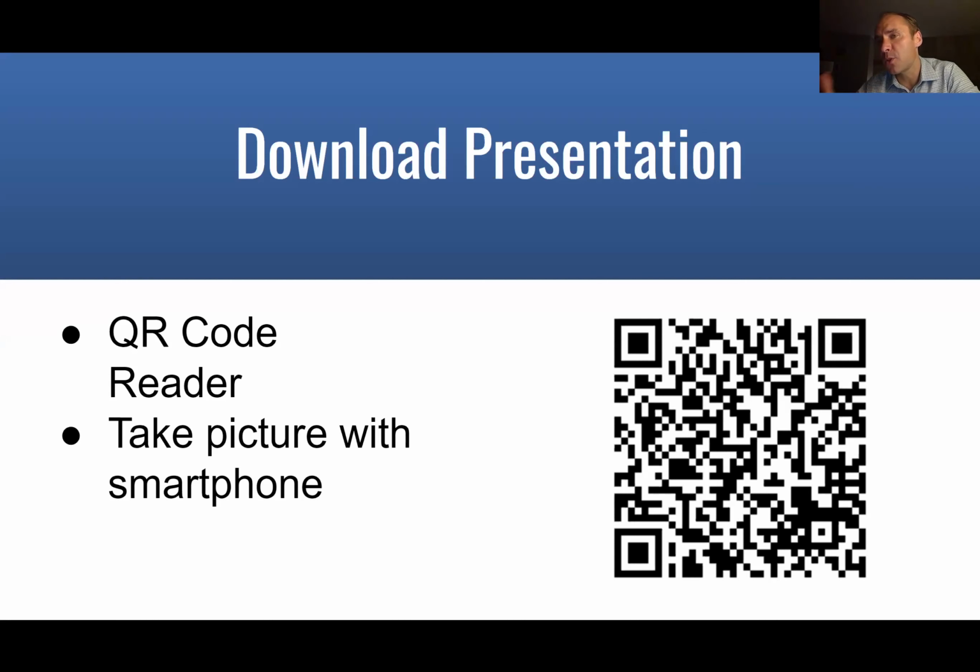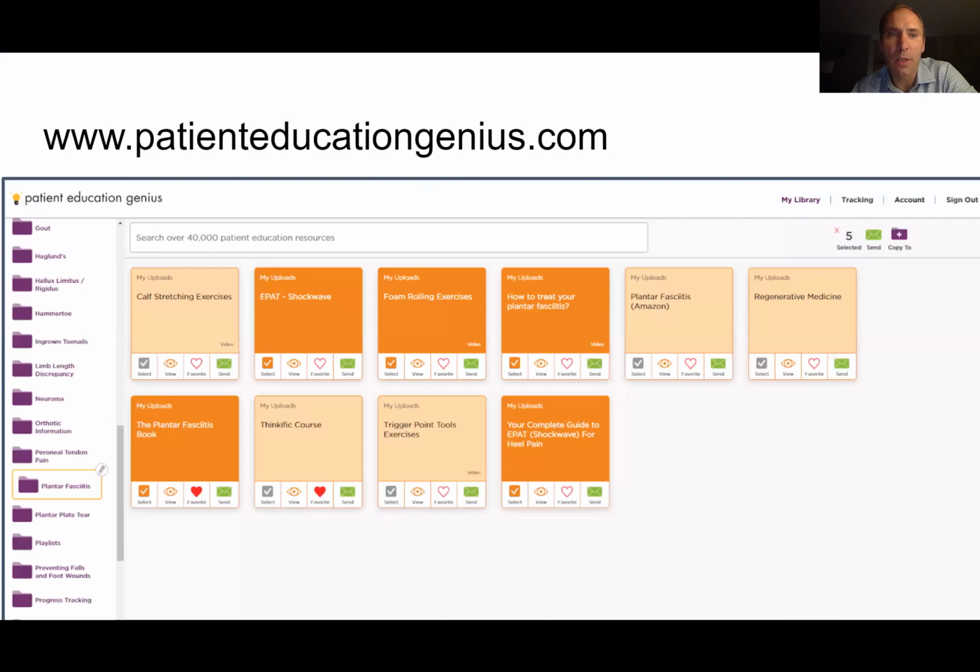Then the next step is when I'm doing the note and we've decided what our plan of action is, I will go to something that's connected to my medical record. I use Athena, and there's a place where I can connect to third-party vendors. So it actually pulls in their email and their name into this thing called Patient Education Genius. If you haven't heard of it, it's great technology. You can see the folders on the side where I have everything in alphabetical order, and then I have content. Basically this content is what I'll click on.